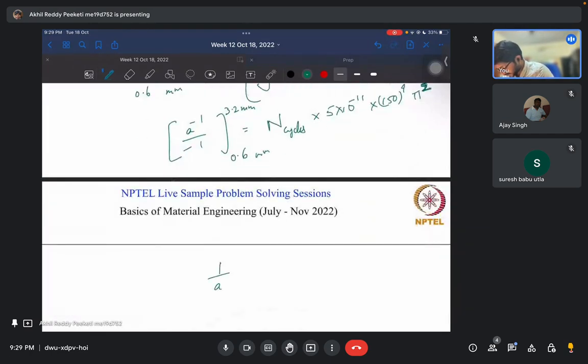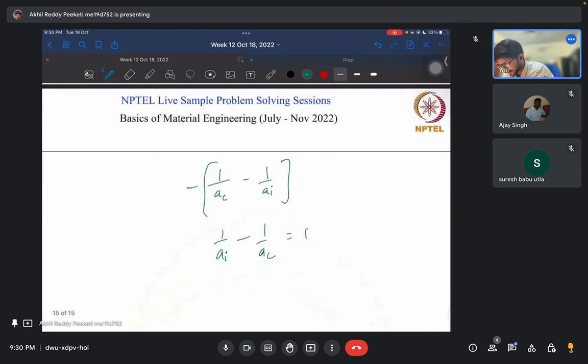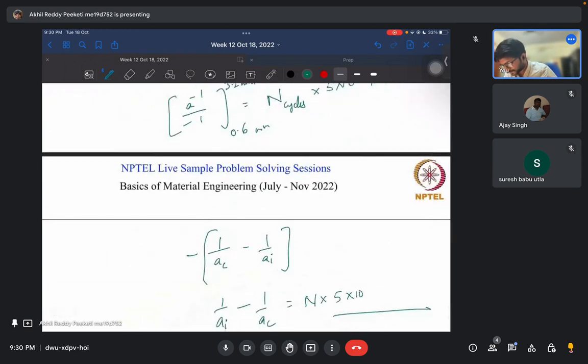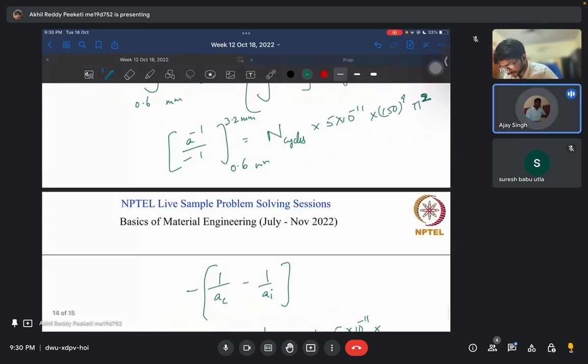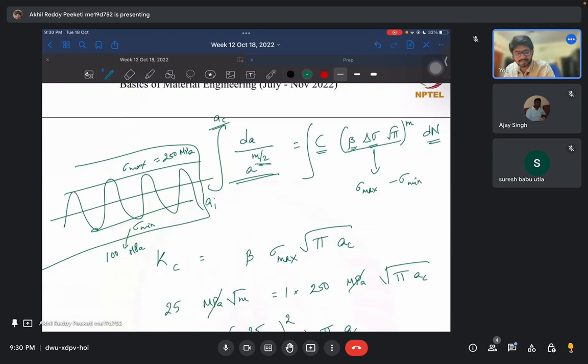So this you can write as 1 by a_c minus 1 by a_i, and the minus will be there. So this actually is 1 by a_i minus 1 by a_c is N into this entire thing. This entire thing is inside the exponent power m.